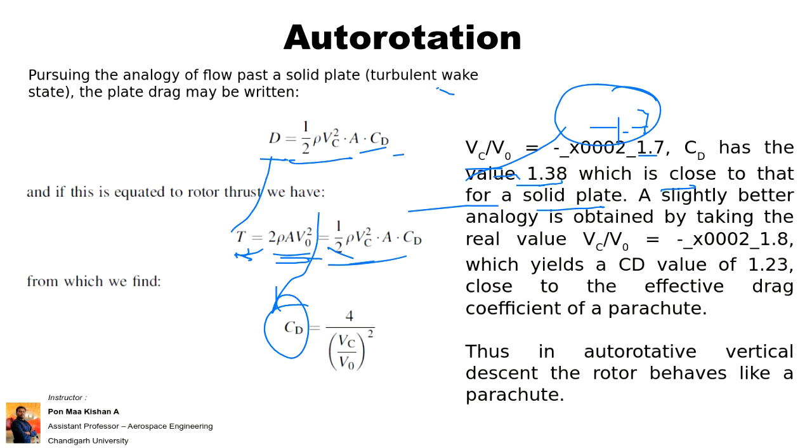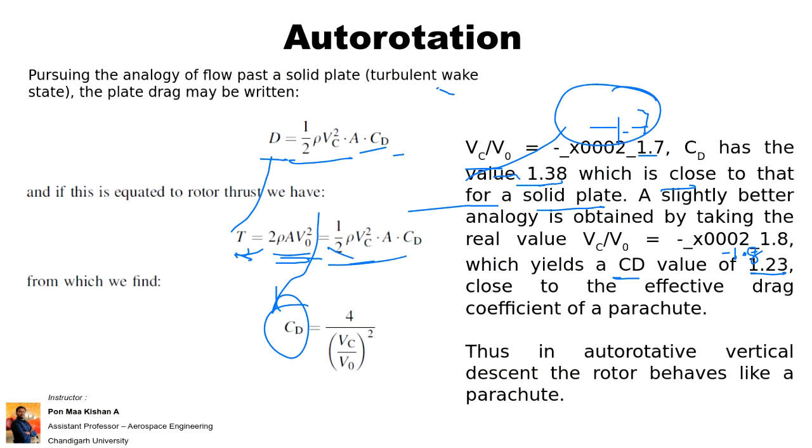When a plate is thrown in the air, the drag produced in the solid plate, that much drag is produced in the helicopter also. Okay. So when the ratio is further changed to 1.8, it is giving a value of 1.32, 1.23. Okay, coefficient of drag.